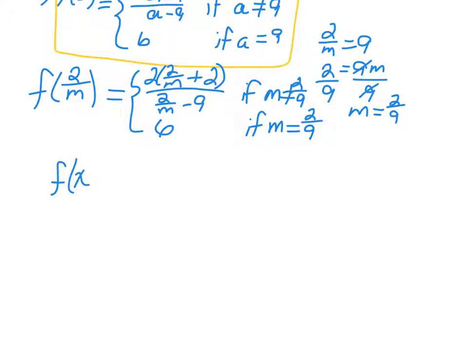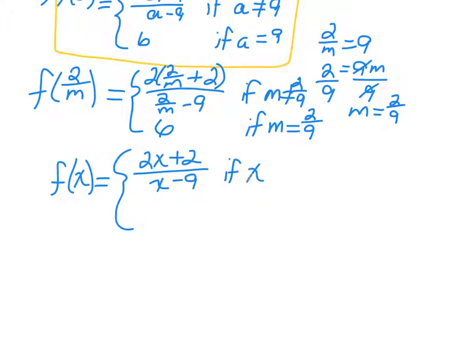F of x is equal to 2x plus 2 over x minus 9 if x does not equal 9. And it's equal to 6 if x is equal to 9.